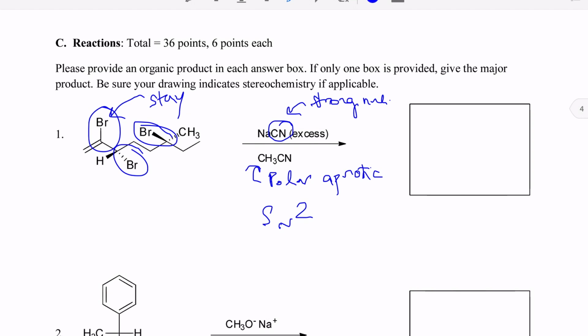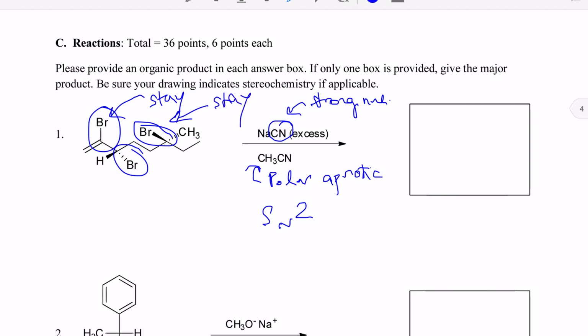So we see that this bromine is actually attached to a tertiary carbon. And we know that SN2 reactions pretty much don't occur with tertiary carbons because of steric repulsion. So that means that this bromine will not get booted through an SN2 reaction, so this too will stay.